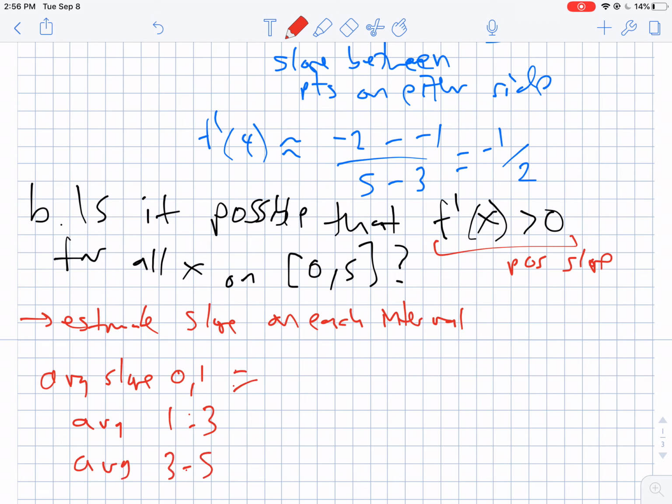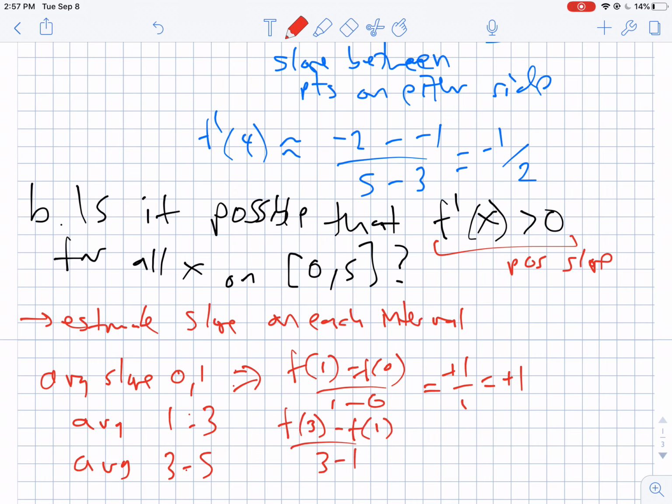Okay, so average slope from 0 to 1 is f of 1 minus f of 0 over 1 minus 0, which in this case is, sorry, positive 1 over 1, which is positive. The average slope from 1 to 3 is f of 3 minus f of 1 over 3 minus 1. So that goes up 3 over 2, so it's positive 3/2.